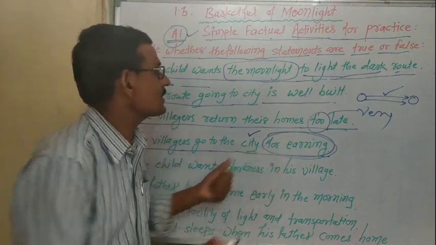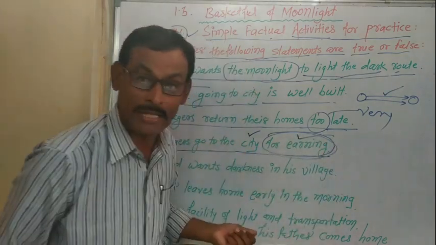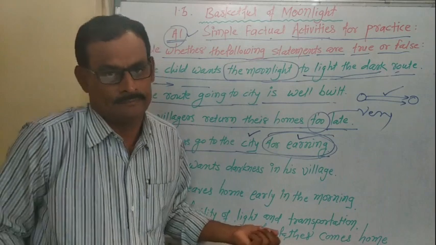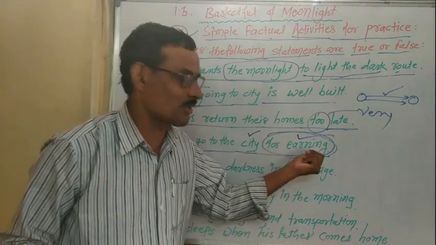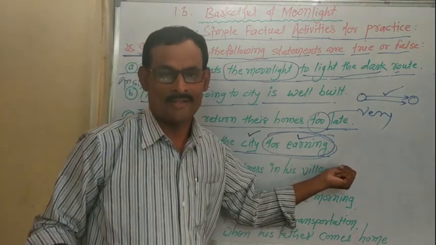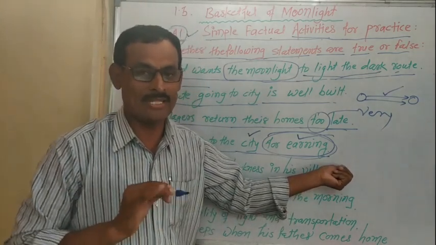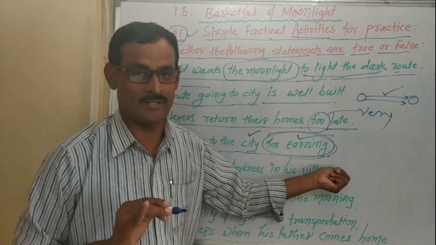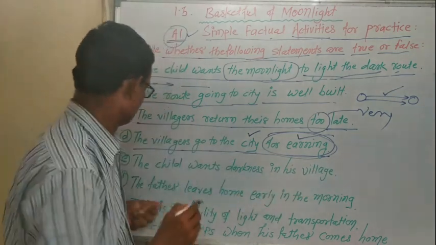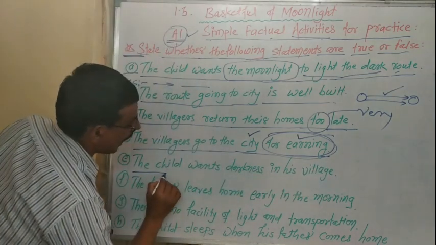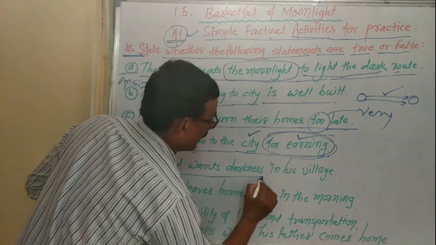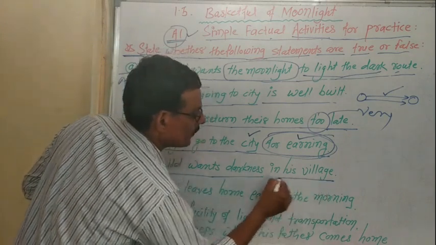The statement states that they used to go for earning. Check out whether this is true or false. You can go through the poem and find out why they used to go to the city. Next one. The child wants darkness in his village.